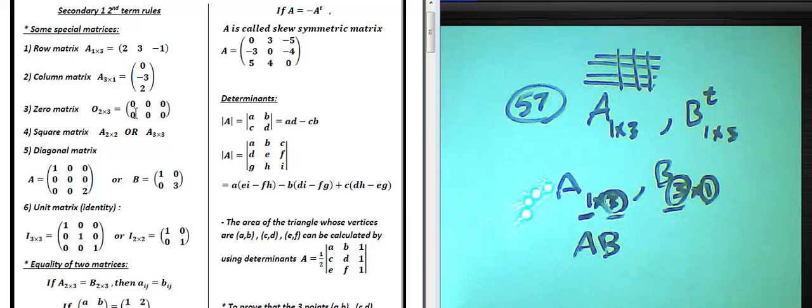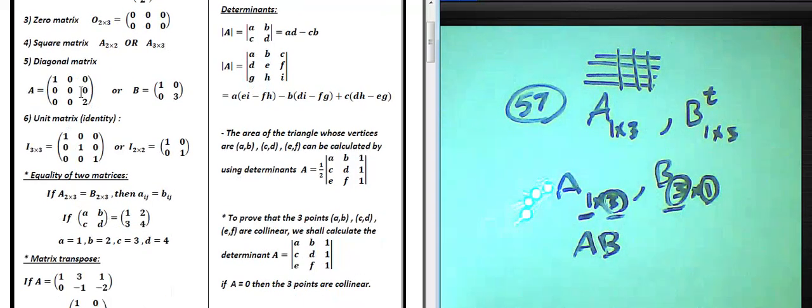A zero matrix means all elements in the matrix equal 0. A square matrix means A is 2 by 2 or 3 by 3. A diagonal matrix means the diagonal here equals 0, 0 and 0, or B equals 1, 0, 0, 3. It's called a diagonal matrix.